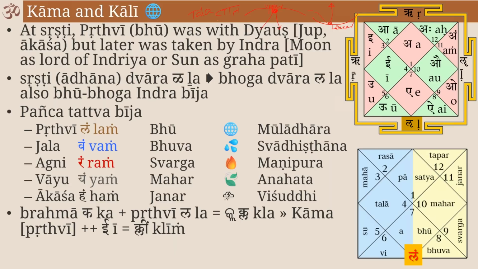The Muladhara is the first among them, the lowest one, right at the bottom, in the 7th house. Above that, slightly near your groin, is the Bhuvaloka, the Swadhisthana.